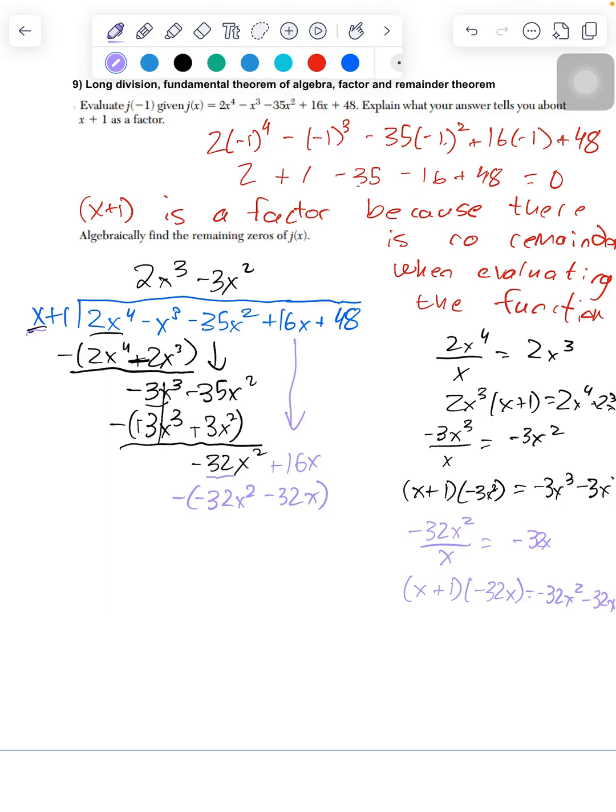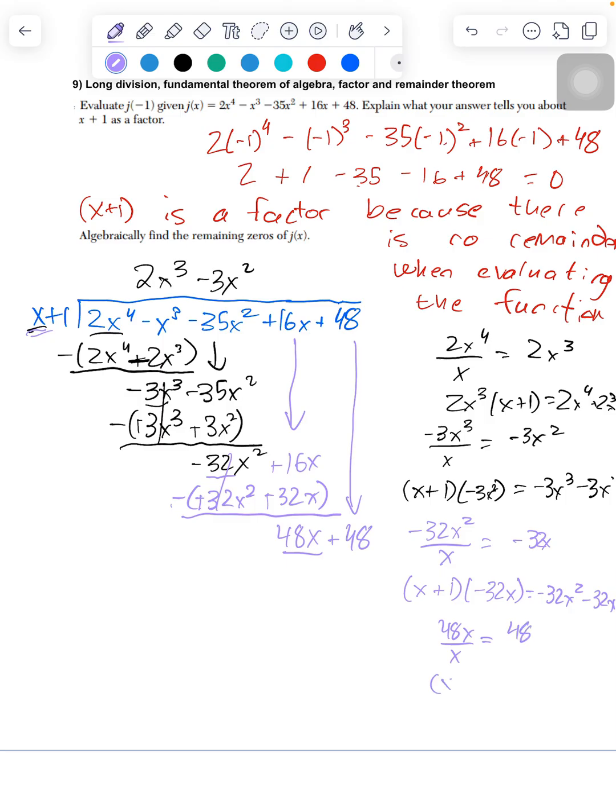Okay, now what do we do here? Minus minus is positive, minus minus is positive, so this cancels out. I get 16x plus 32x is 48x. I'm going to bring down the positive 48. So leading term divided by leading term. I'm going to have 48x divided by x equals 48.